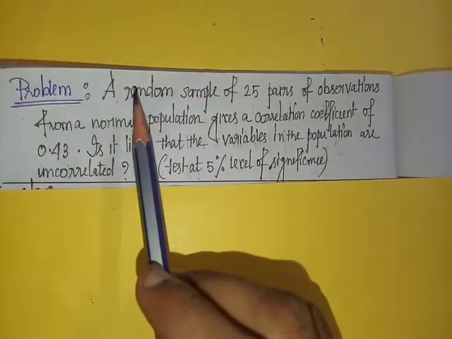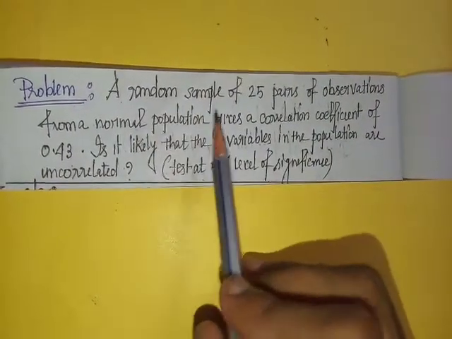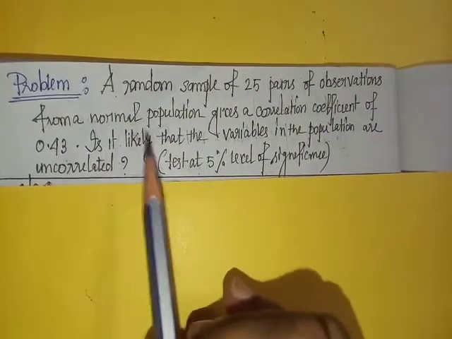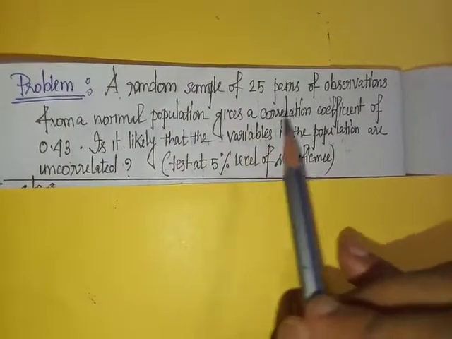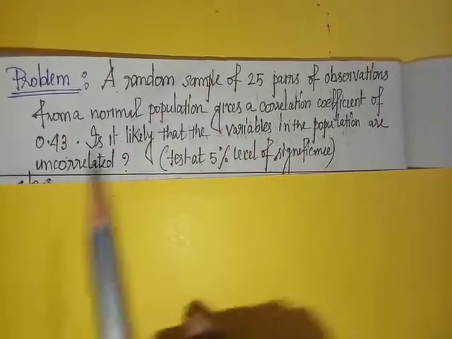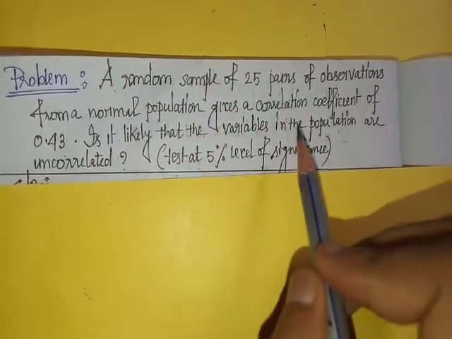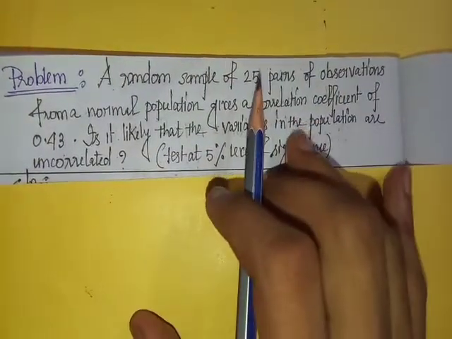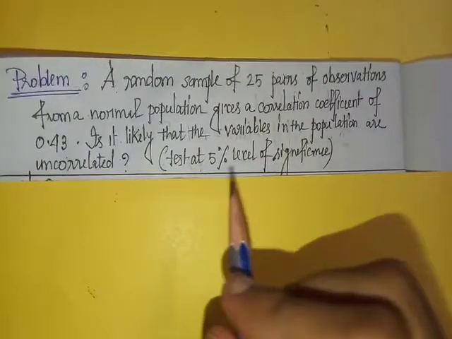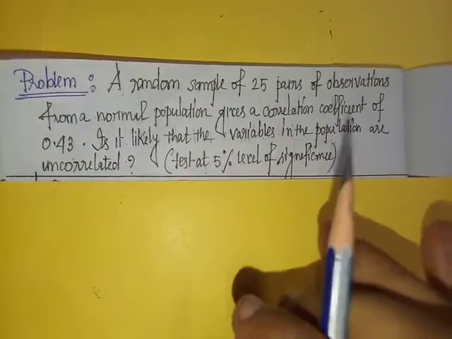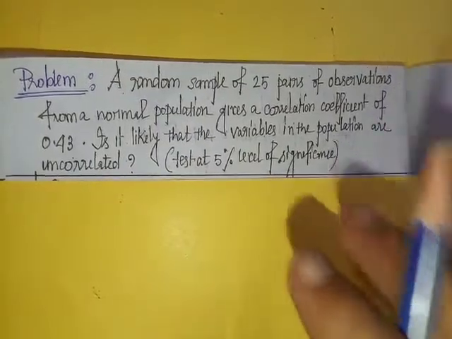So the question, again I repeat: a random sample of 25 pairs of observations from a normal population gives a correlation coefficient of 0.43. Is it likely that the variables in the population are uncorrelated? Test at 5% level of significance. Uncorrelated means the correlation coefficient is 0.